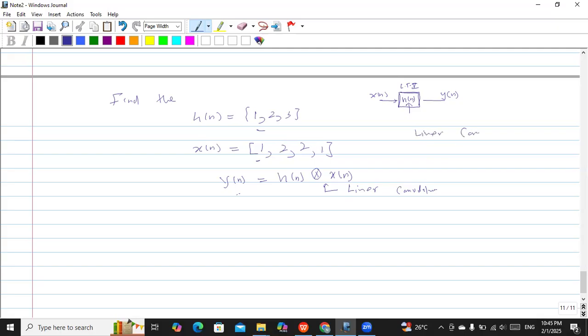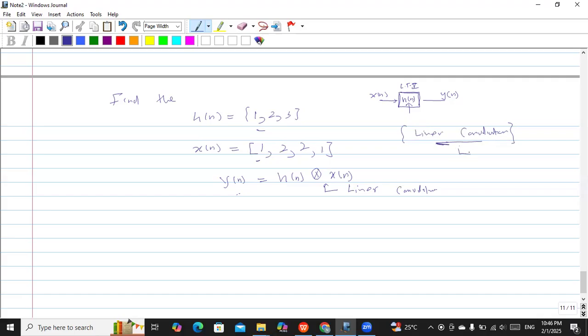Maybe you will also get questions on linear convolution, so you need to be familiar with it, but now we are in DFT, so I will not mix this up with linear convolution.